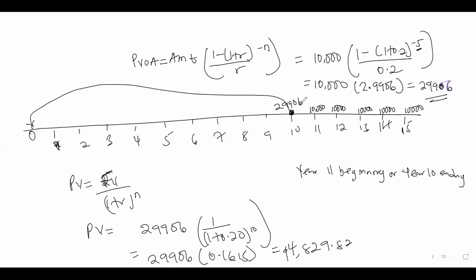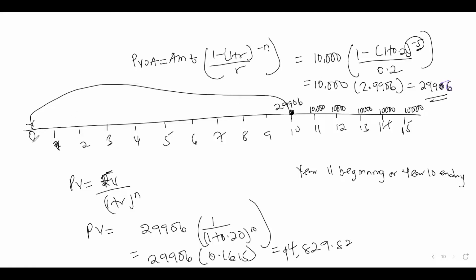Okay. Now, that 10,000 every year is an annuity. So when you discount that annuity for those 5 years, you get 29906. That annuity started from the end of year 11 to the end of year 15, so when you discount it for those 5 years, it won't bring you to year 0, never.